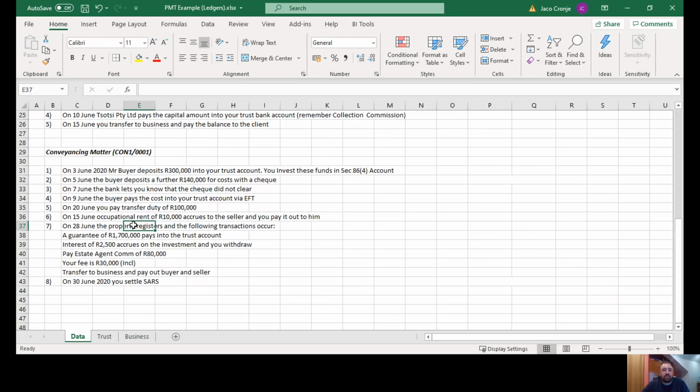Now, in the assignment, there's a lot more detail, and I want to say in the assignment, they've made it a bit weird on who pays for what in the conveyancing matter. So we all know in conveyancing, you're supposed to pay what, but in the assignment, they've given a schedule where the buyer pays for stuff that they don't normally do and the seller pays for stuff that they don't normally do.